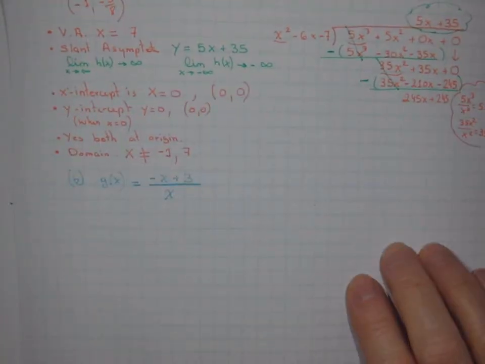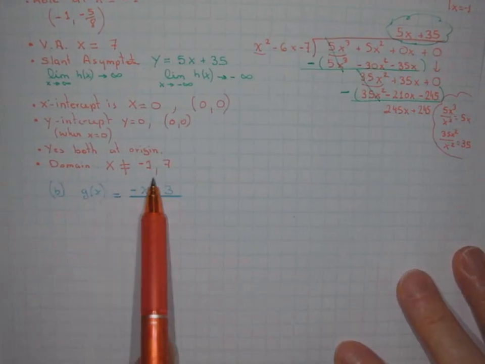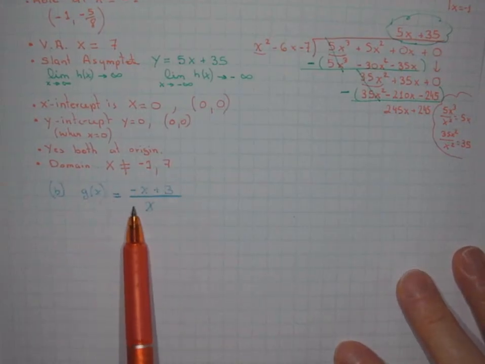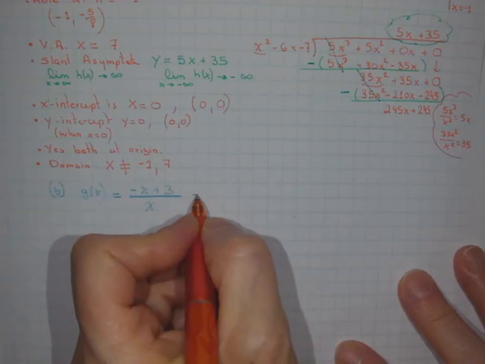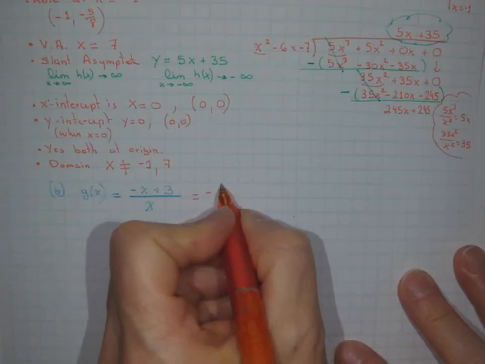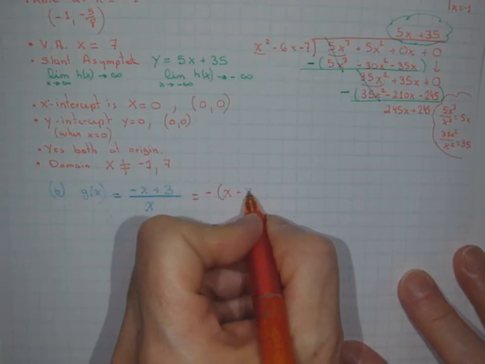Let's go to the next one. We almost want to say, well, there is nothing to factor here, but is there nothing to factor? Your leading term has a negative here, so you want to go ahead and factor out a negative, which makes that a positive x and that a negative 3.